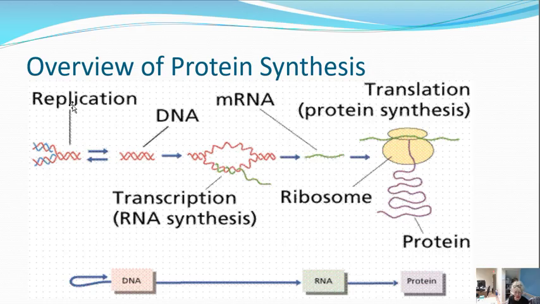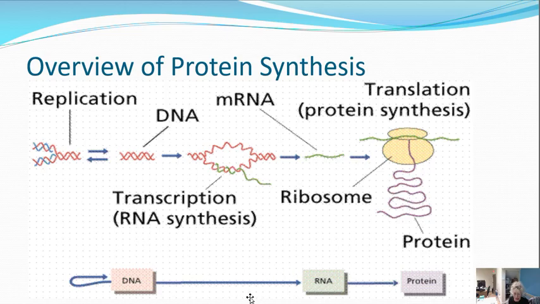So here we have protein synthesis. We have replication. Remember, we have the macrolides that inhibit the 50S, and then we have the aminoglycosides that inhibit the 30S. So here's your replication, your DNA, your messenger RNA, translation of protein synthesis, your ribosome, your protein, and so here it goes.